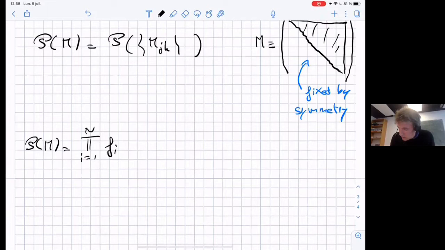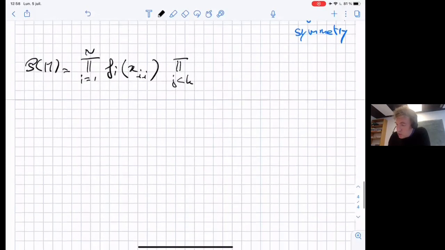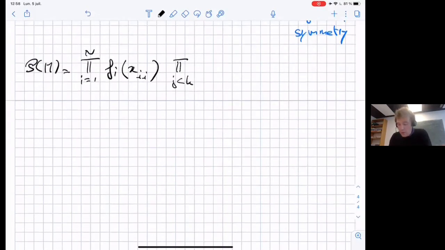And basically, let me just define first the part for the diagonal elements, the ones that are on the diagonal. And then I need to fix the ones which are in this upper triangle here. So I will just have a product for j less than k. And then I will need to draw both the real part and the imaginary part.